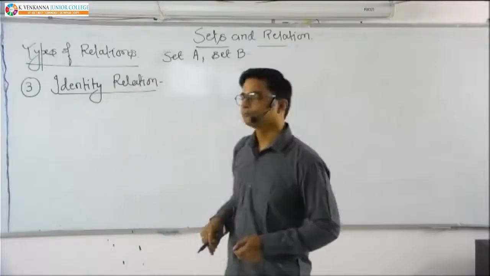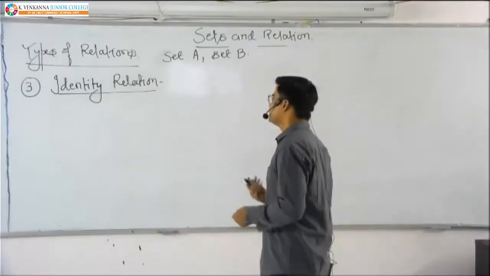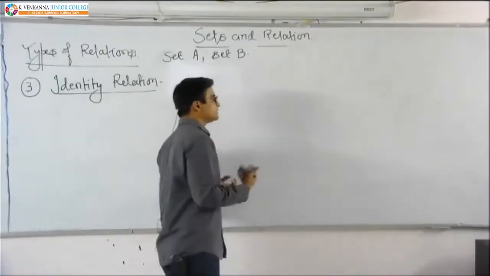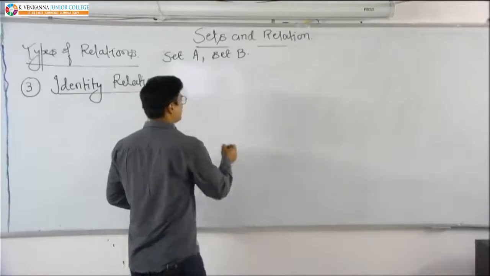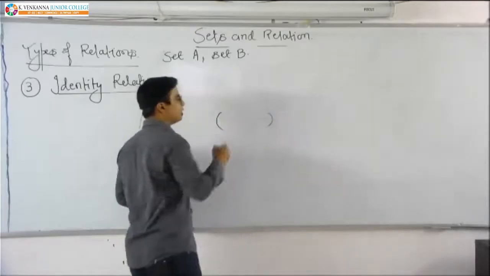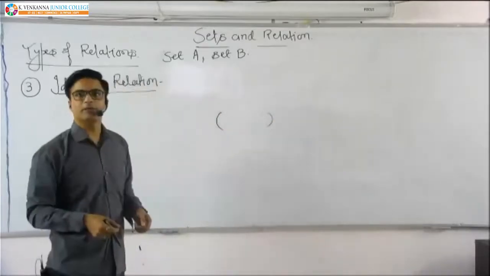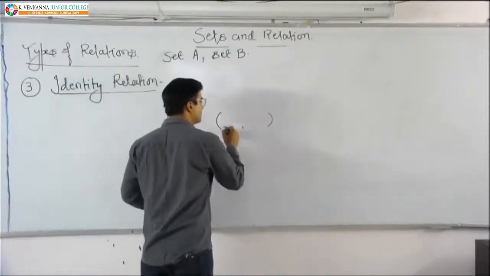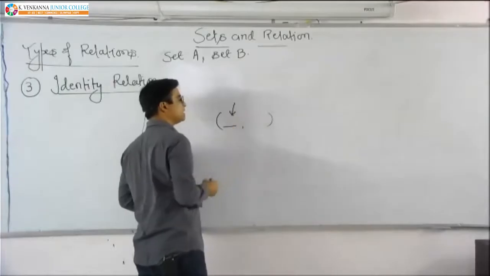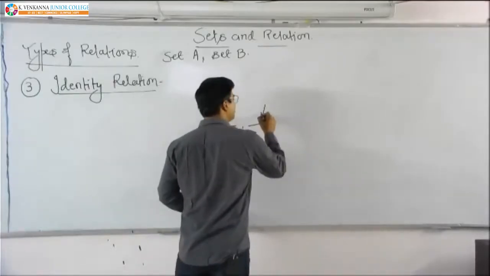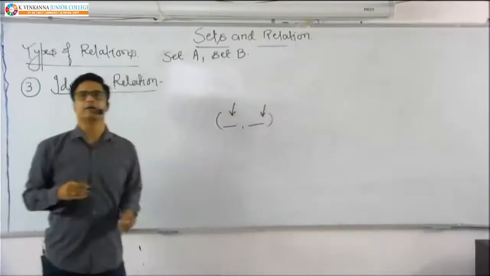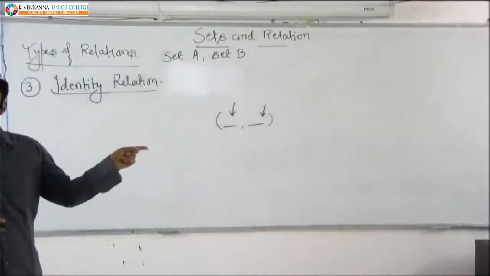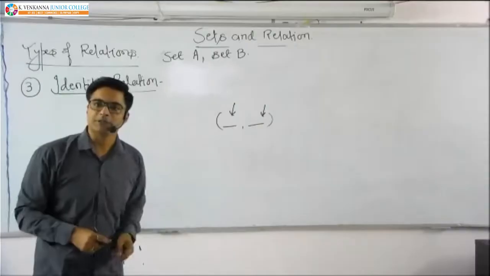See, an identity relation is nothing but a set of ordered pairs. Whatever you take as the first entry will also be your second entry.